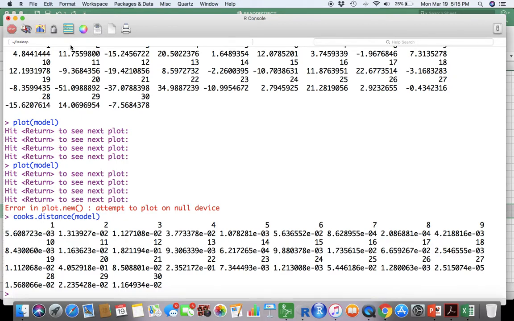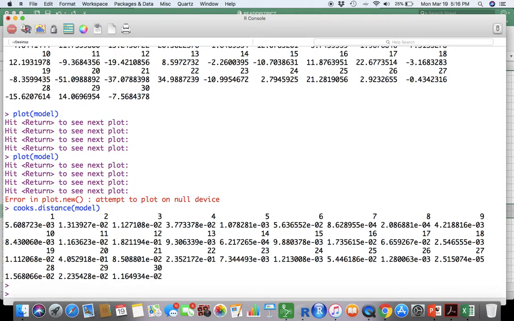We typically have concern if any of these are over 1. You can just eyeball it and see that everything's in scientific notation. So it looks like no Cook's distances are greater than 1. And again, this is something you'd want to report to assure that you have checked your model diagnostics.